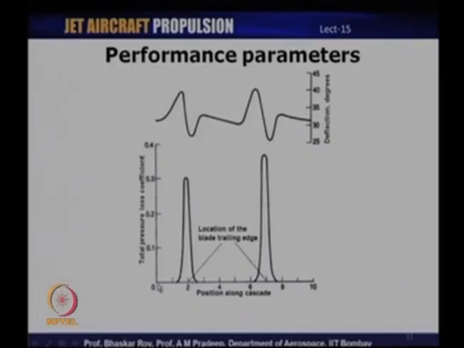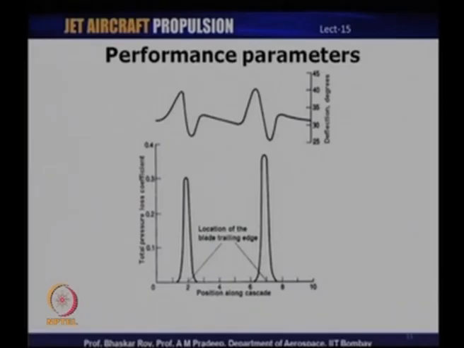As we move the probe, let us say from position 0 all the way up to 10, we see such peaks very close to the blade trailing edge. These peaks that you see here correspond to the location of the blade trailing edge, and that is where you have the maximum total pressure loss due to viscous effects and the wake of the blade.